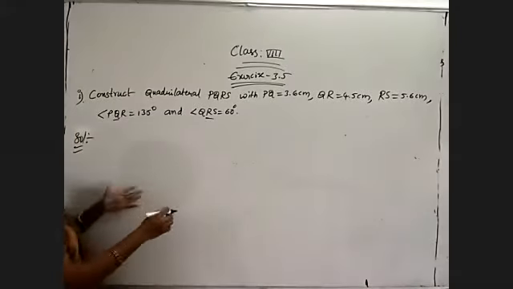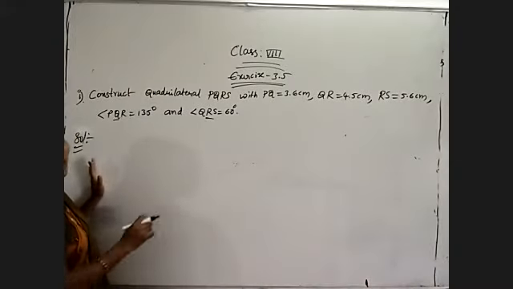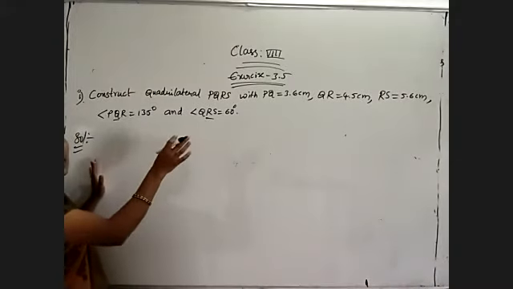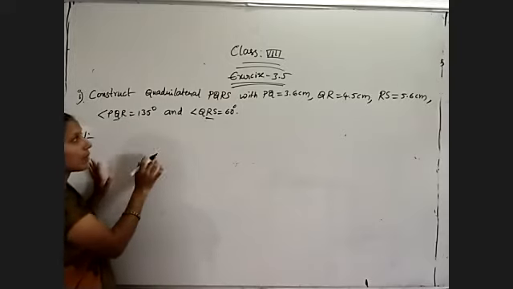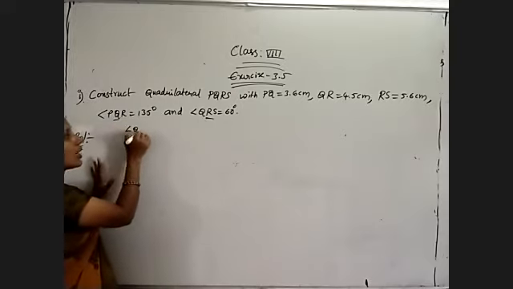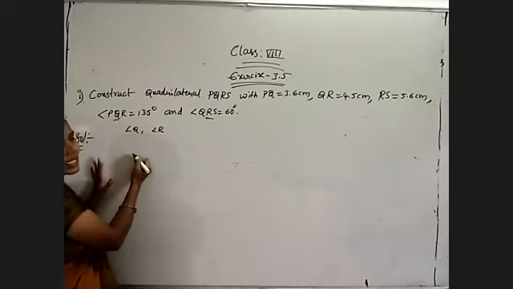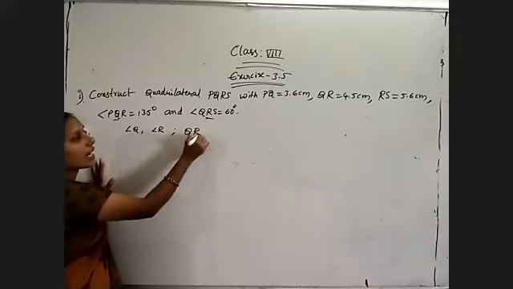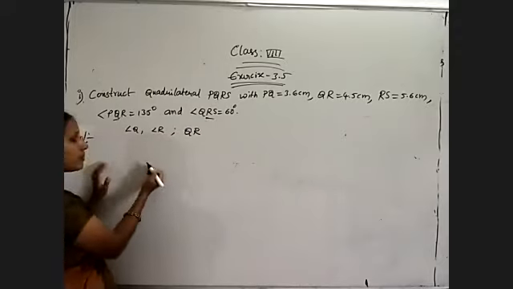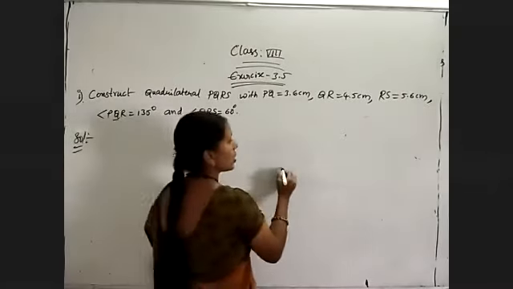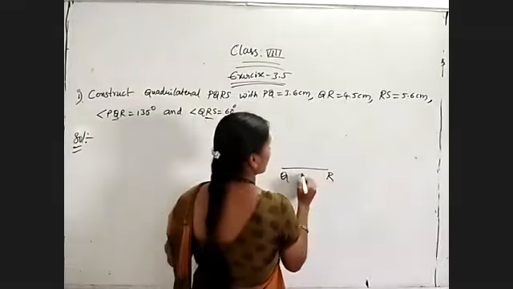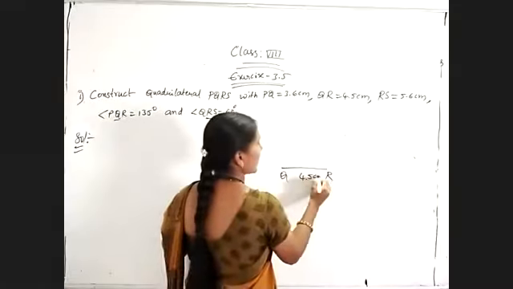To set the protractor, you will not get any difficulty if you take the side which has those 2 angles as the base. So here, they have given angle Q and angle R. For that sake, I am taking the side QR as the base. So my rough figure: QR is equal to 4.5 centimeters.